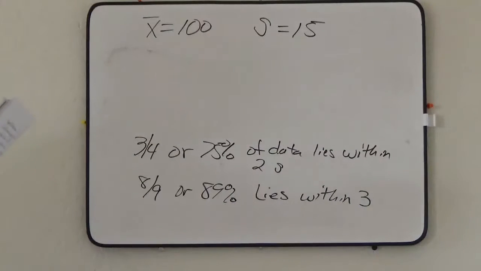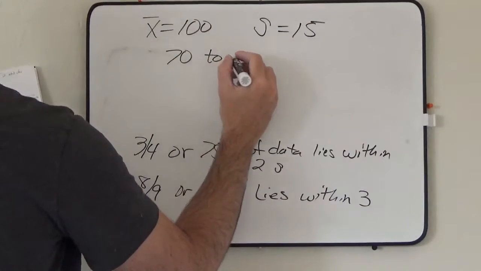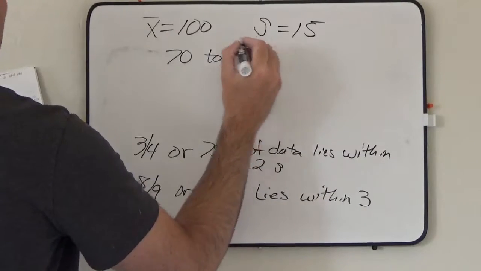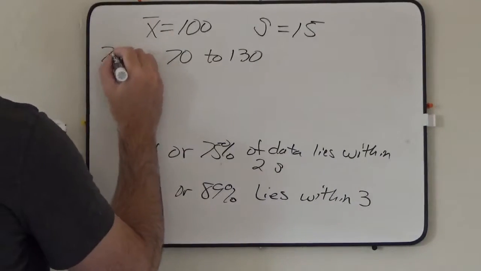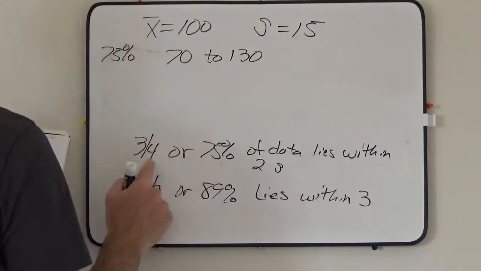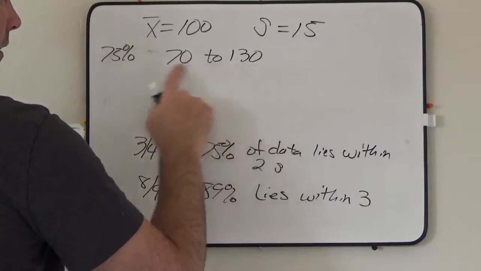What does this mean? That means that 70 to 130, or sorry, 75%, going to this one right here, 75% lies within this range.